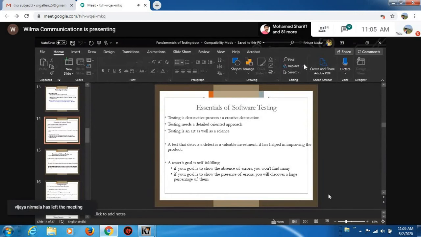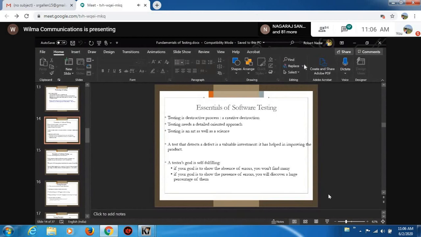First, one thing you must be very clear about: no product is 100% perfect. Every product is a defective product. There are some hidden defects, some defects we may be aware of, and some we are not able to identify, but still defects are available.